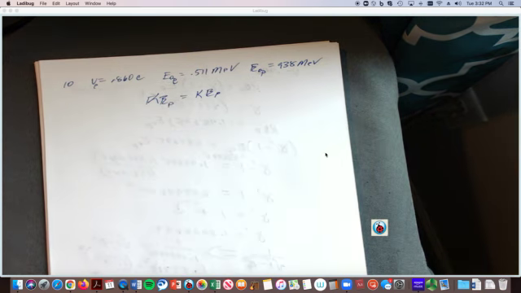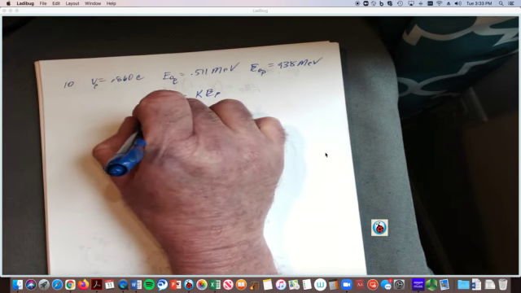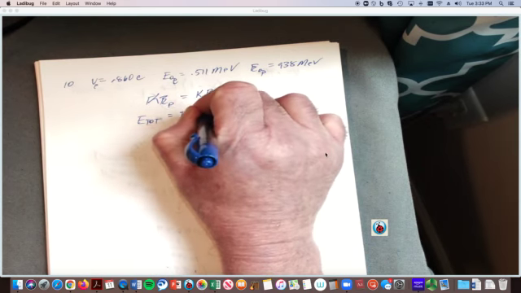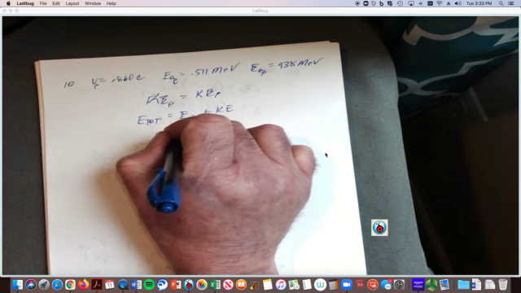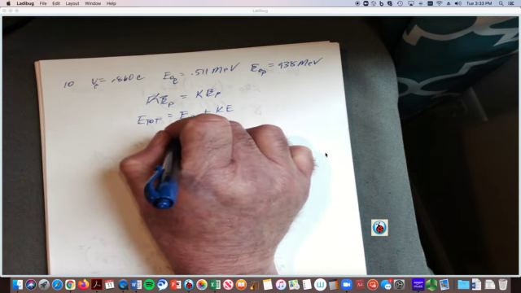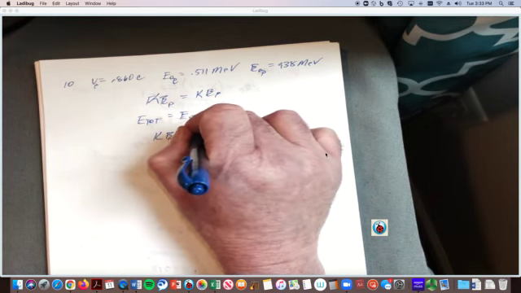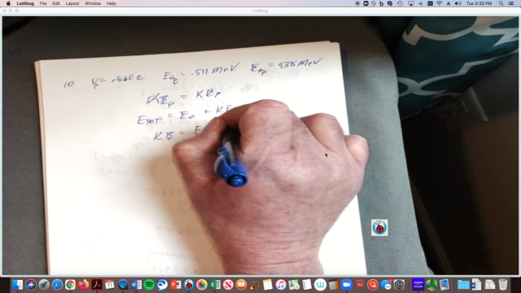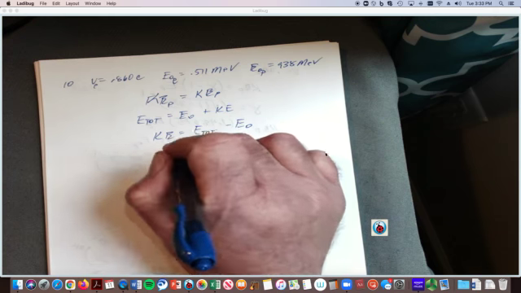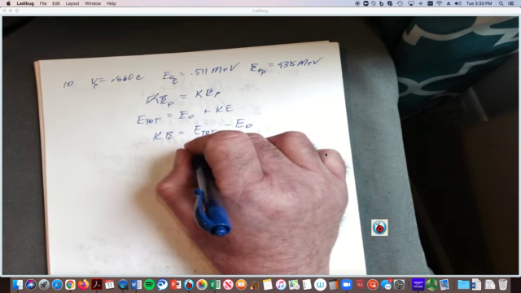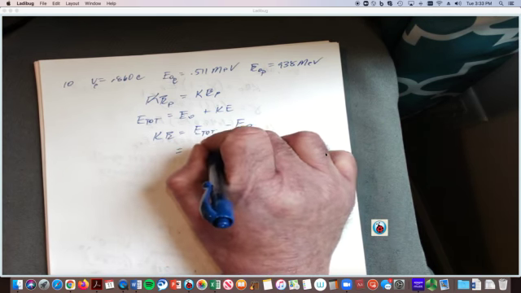First of all, we know that the total energy of a system is equal to the rest energy plus the kinetic energy. So the kinetic energy is equal to E total minus E naught, and E total is equal to gamma times E naught.